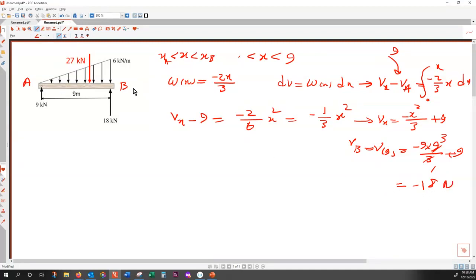So that makes sense, because this is the variation of V of x. So it starts at 9, and from 9 it goes to minus 18. And then because this is negative, that is like so.